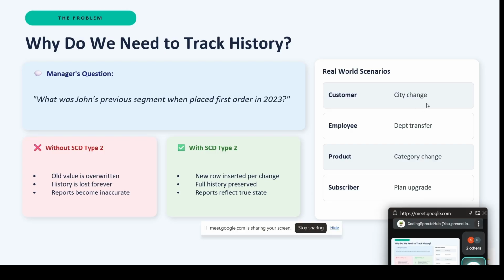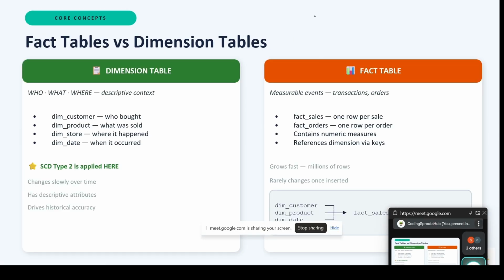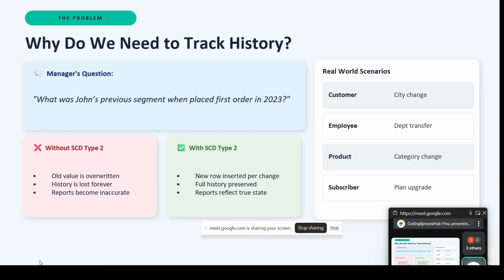Let's say there is customer one. This person placed the first order in 2010. Let's say, for example, that at that time he was in maybe Nagpur.